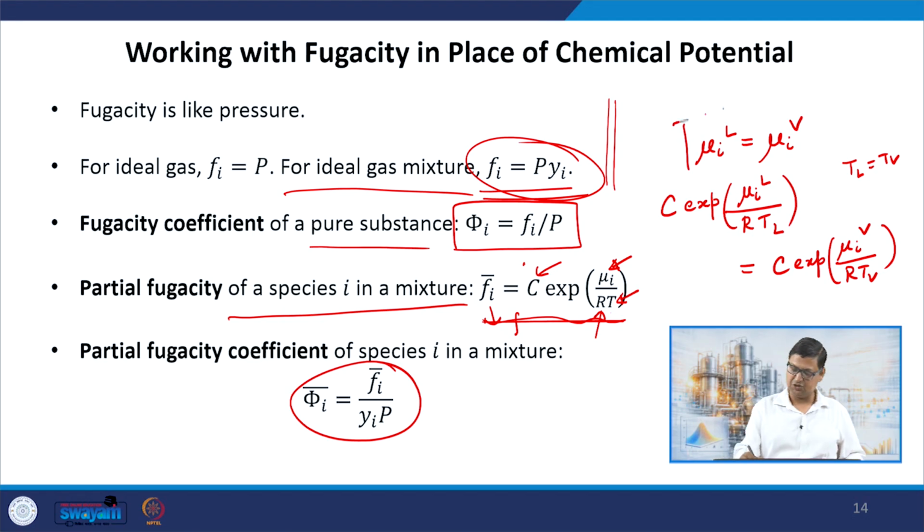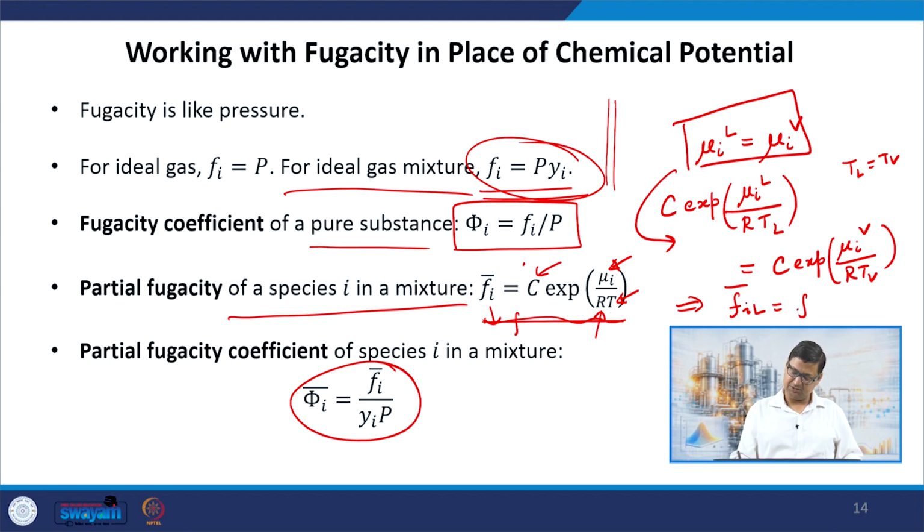So, if this is true, this also has to be true. What this means is that the condition for phase equilibrium can also be expressed in terms of the partial fugacities FiL equal to FiV.